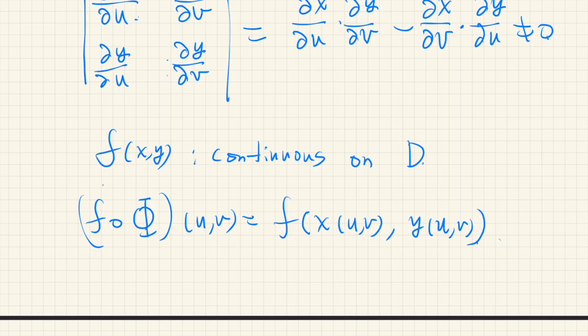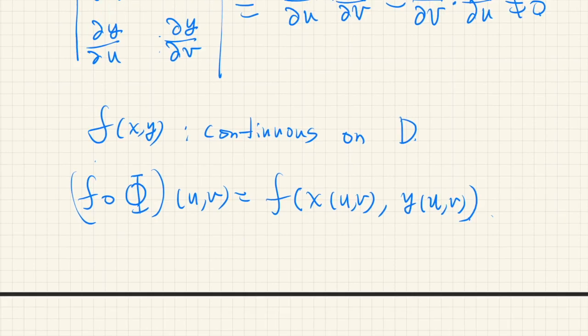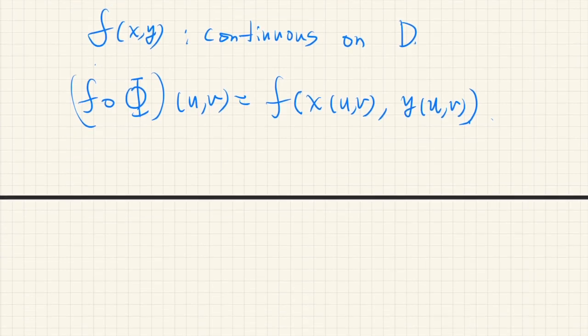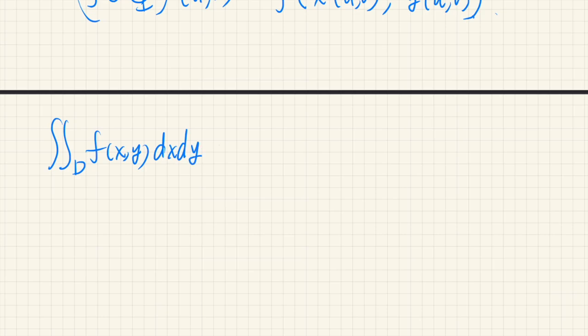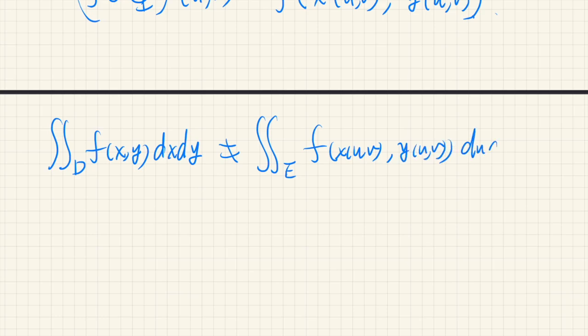This is a composed function. How can we use all this to calculate a multiple integral like this one, over D of f(x, y) dx dy? First of all, this is not equal to the integral over E of f(x(u, v), y(u, v)) du dv.